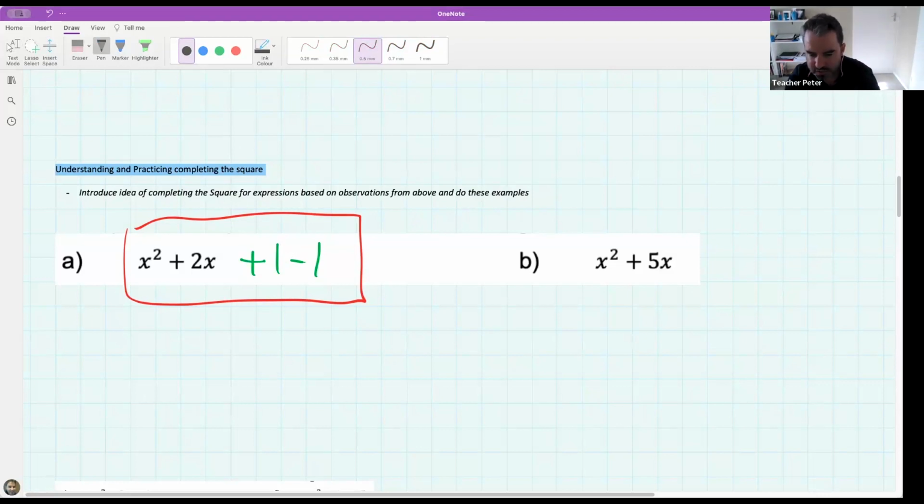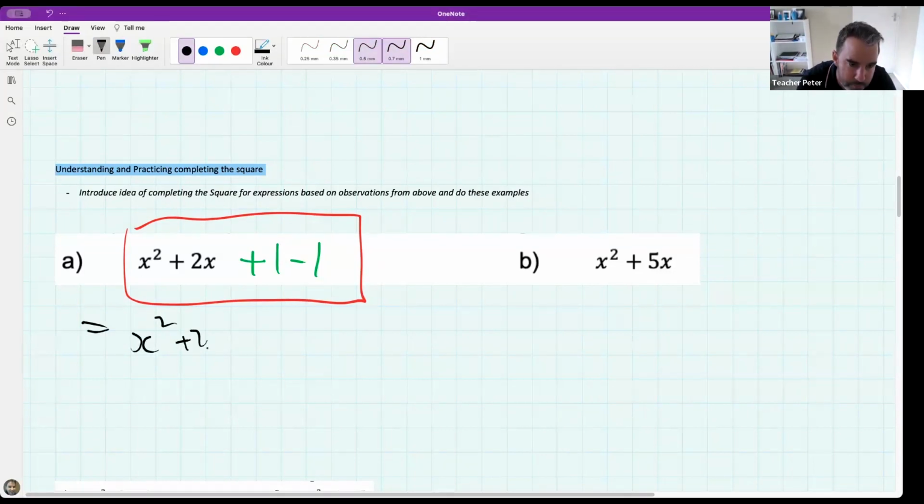Right? So if you think about that, now here's the sneaky bit. If I do this, is that still the same expression or not?